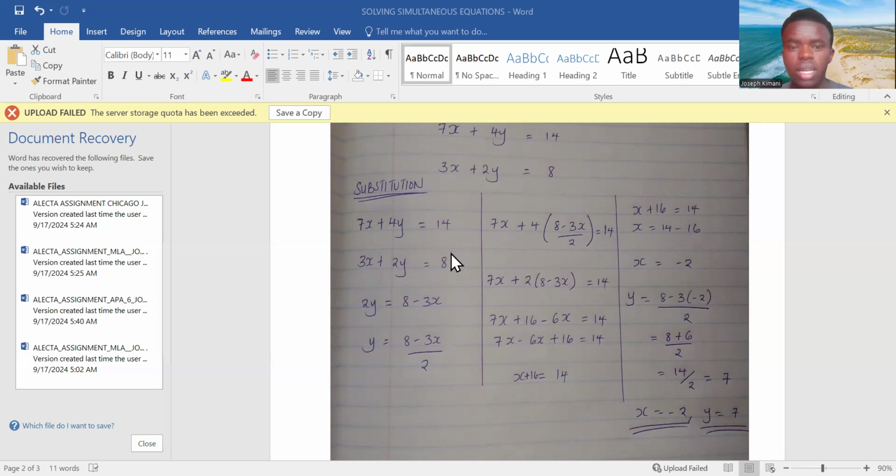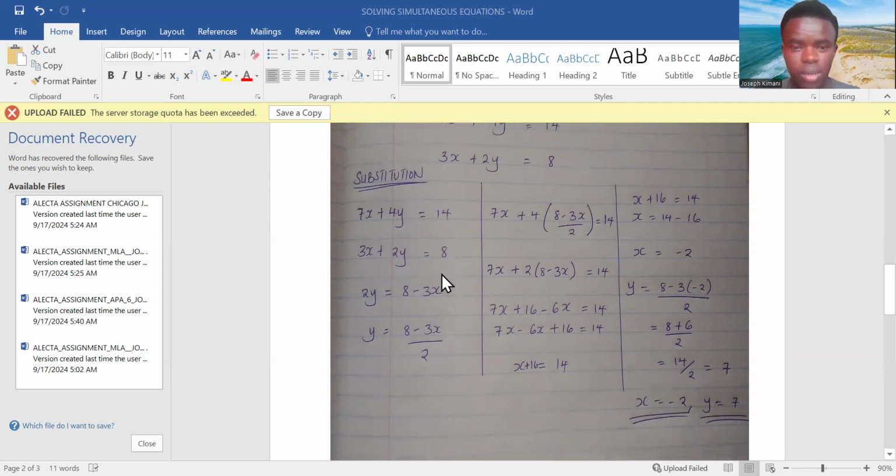So now, regarding substitution, just from the name substitution, you just find the value of one unknown and use it to substitute it in the next equation, making it easier for you to solve the next equation. Now look at this. We have 7x plus 4y equals 14 and 3x plus 2y equals 8. For my case, I used the second equation, 3x plus 2y equals 8.